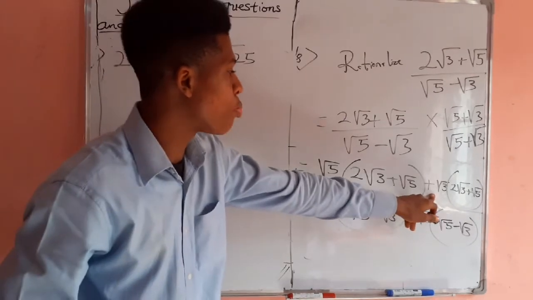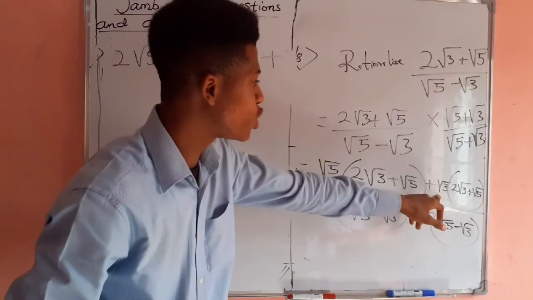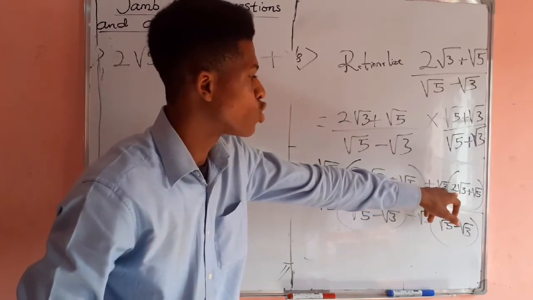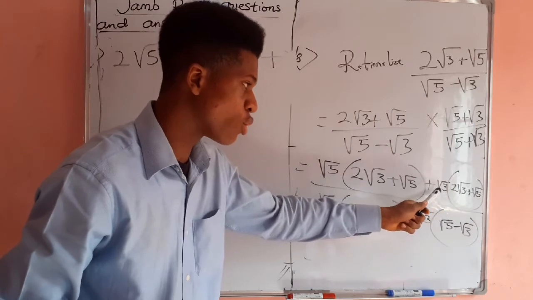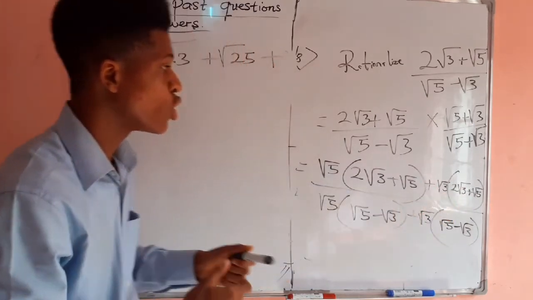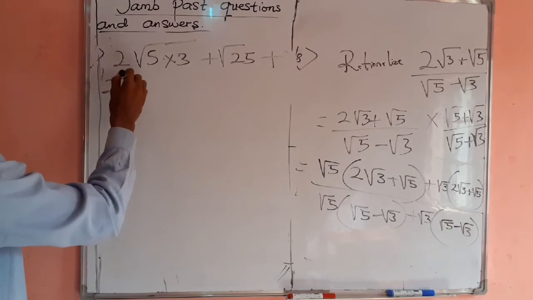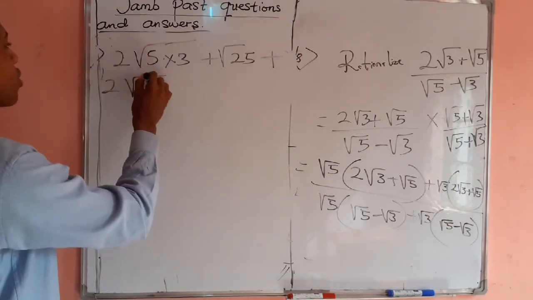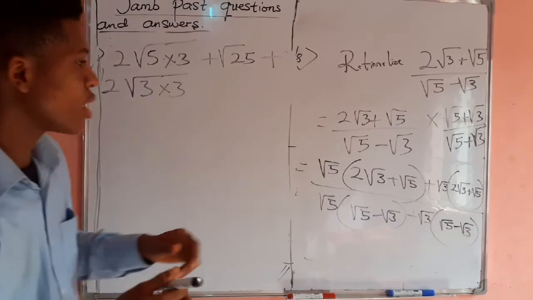What do you have next? Plus. Put down your plus. Root 3 times 2 root 3 is your 2 on its own, then root 3 times root 3, which is 2 root 9. Let's just put it so everyone understands: 2 root 3 times 3. That's exactly what happened here.